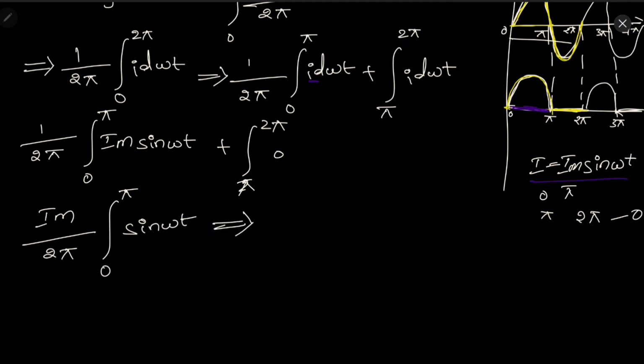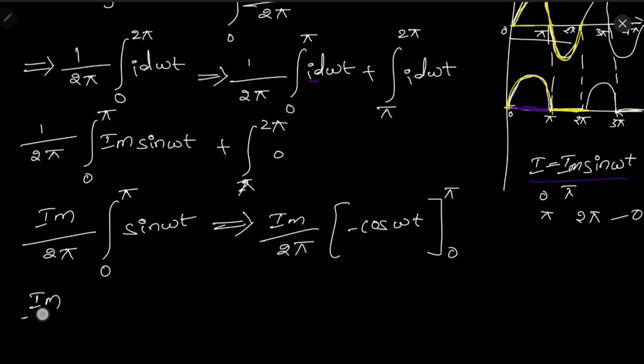What is the value of integral sin omega t? That is minus cos omega t. Now apply the limits. What we get is Im by 2 pi into minus of cos pi minus cos 0.